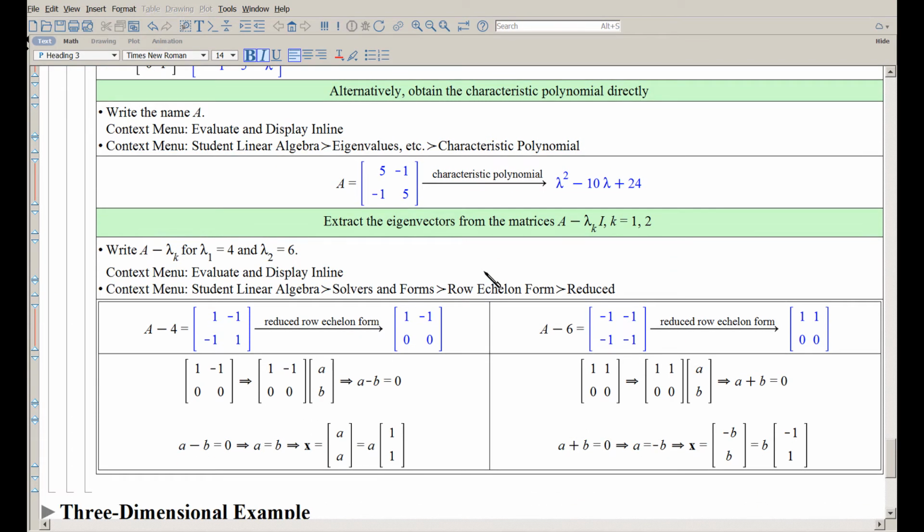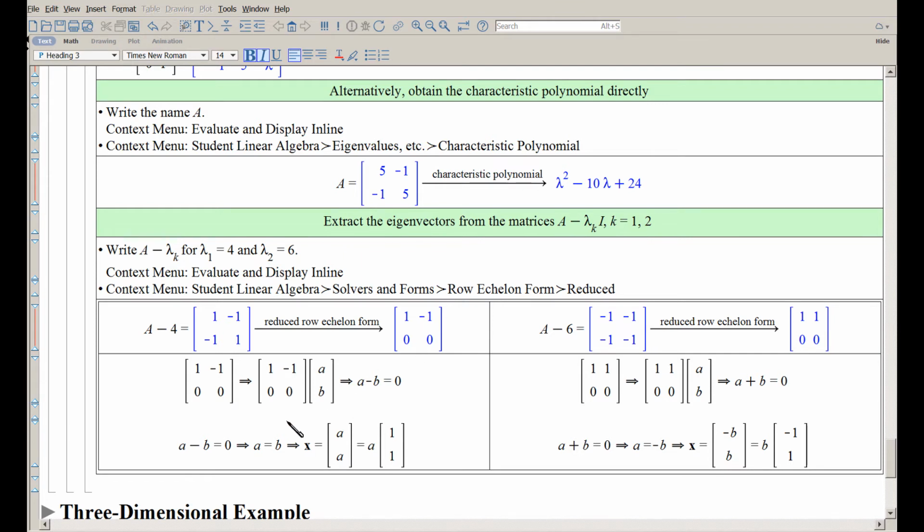If you have the eigenvalues and you want to determine the eigenvectors, this is the computation that you see in the typical textbook. You go back to A minus lambda I, which we can shorten in Maple as A minus 4. You get this matrix, but you're solving equations, so you row reduce this. So this is the row reduced form.